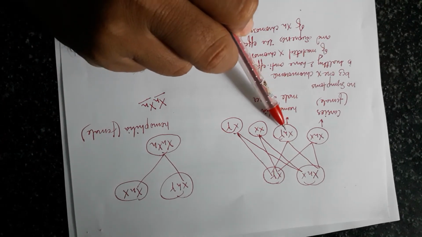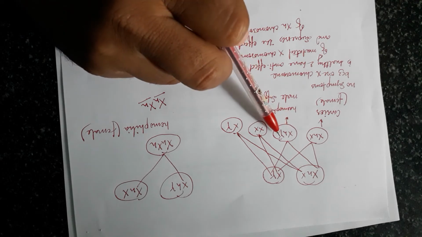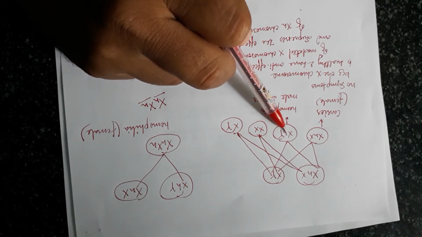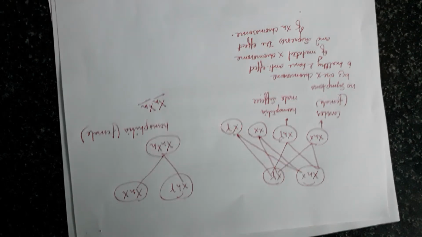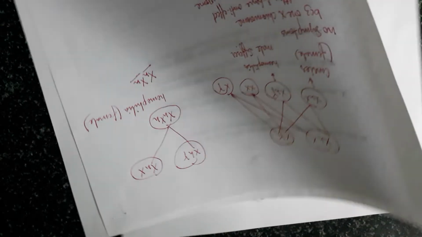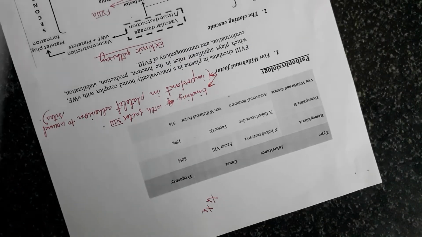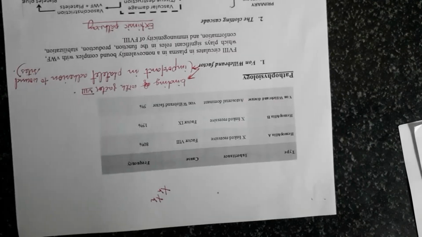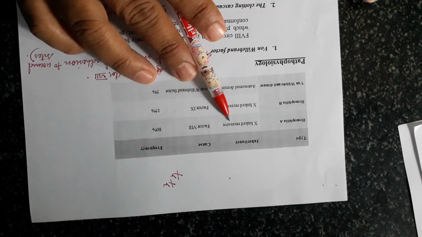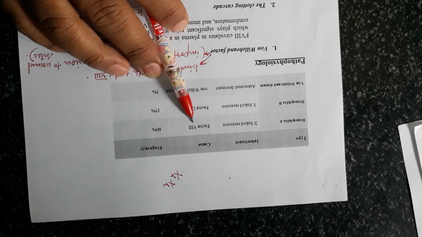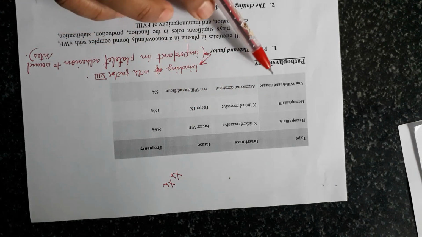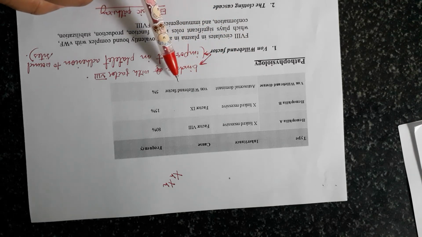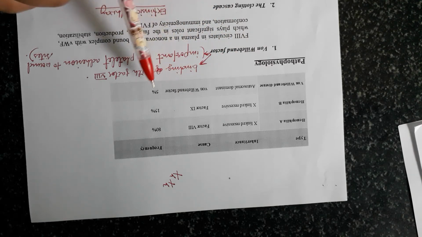But for a male, we have only one X and one Y, so XH alone can lead to hemophilia. So the male is the sufferer of this hemophilia. So this is X-linked because of the lack of factor 8. Hemophilia B is because of the lack of factor 9, and von Willebrand disease is because of the lack of one factor called von Willebrand factor.